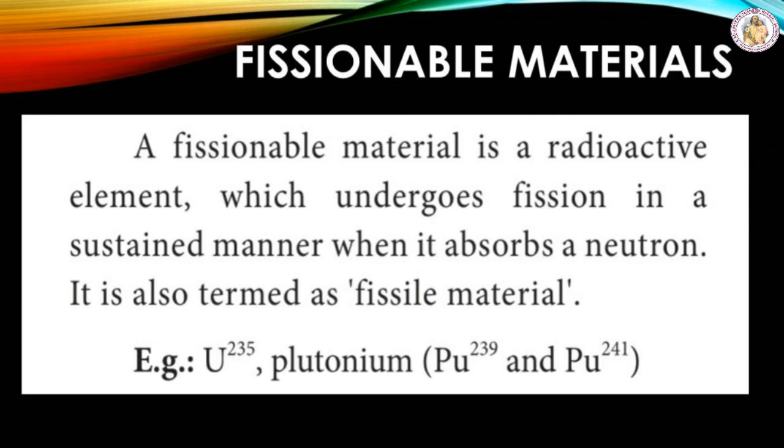For example, natural uranium consists of 99.28 percent uranium 238 and 0.72 percent uranium 235. Of these two, uranium 238 does not undergo the fission process, whereas uranium 235 undergoes fission. Hence, uranium 235 is a fissionable material and uranium 238 is a non-fissionable material.